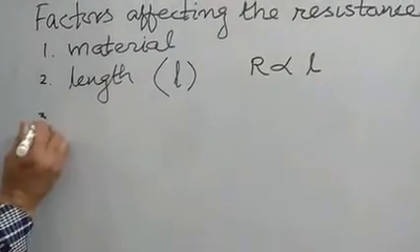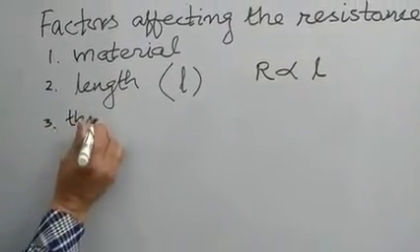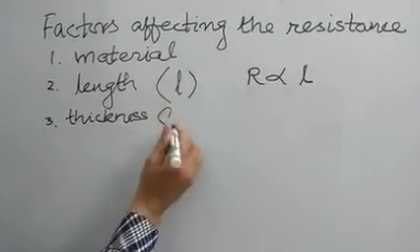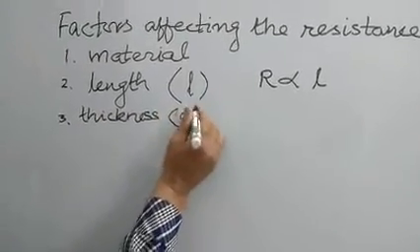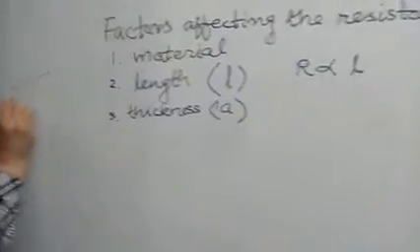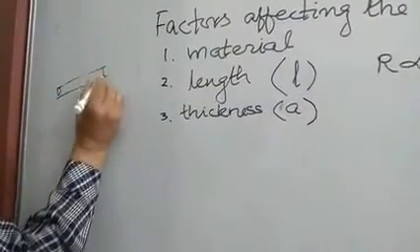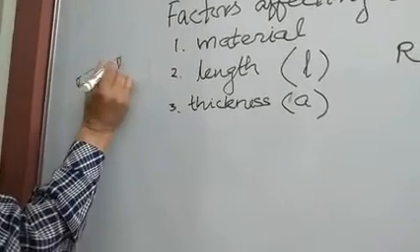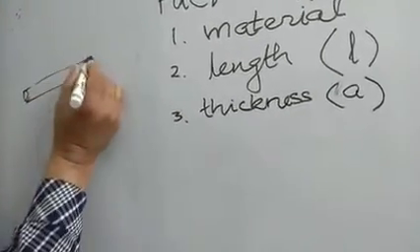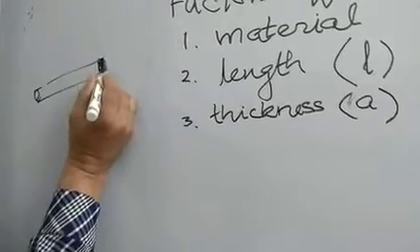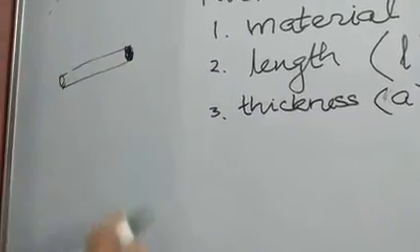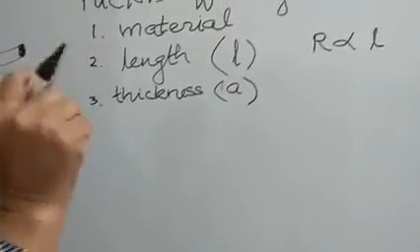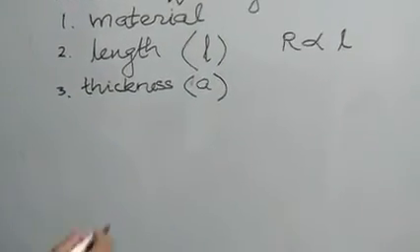Number 3, the thickness or the area of cross section. You see, there is a wire here, a piece of wire which is cylindrical, I'm assuming. Then this is the area of cross section, or the thickness. The thinner the wire is, the more resistance it is going to offer.